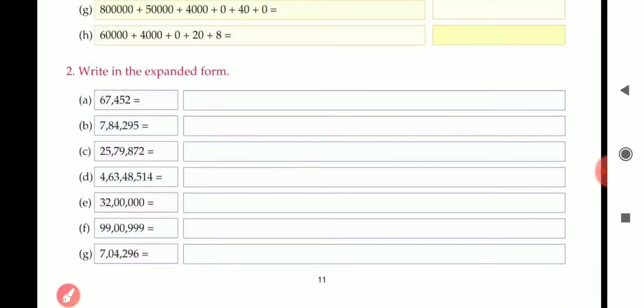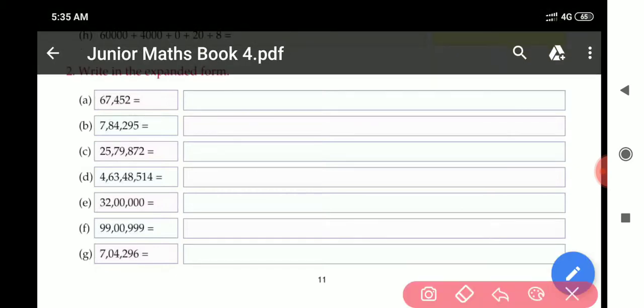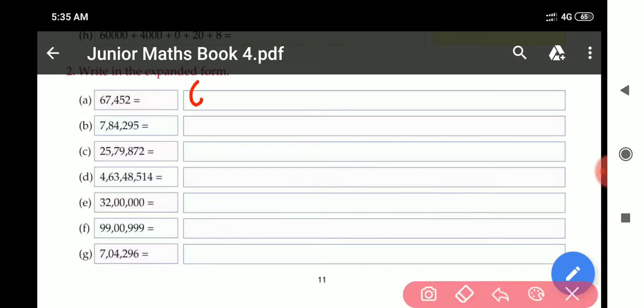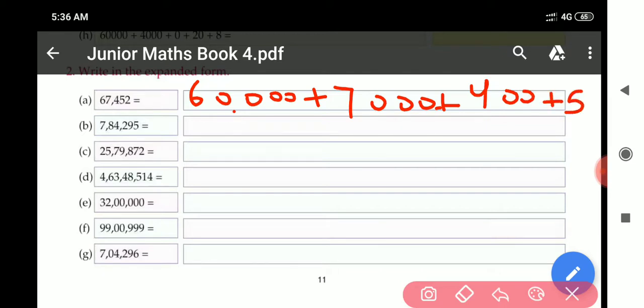Now again, to write down the expanded form, what do we do? See, 67,452. So 60,000, the number of zeros 1 2 3 4, plus 7,000, 1 2 3, plus 400 plus 50 plus 2.